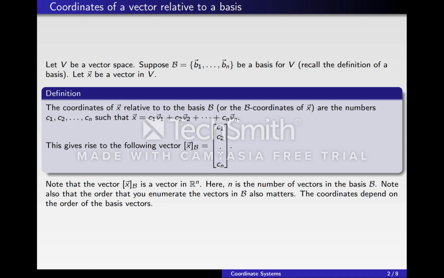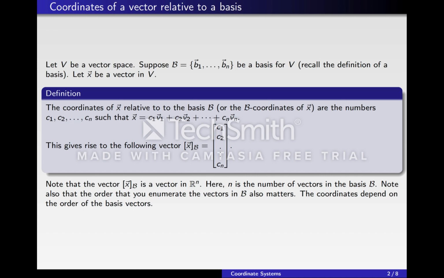And note that the order of the vectors in B, how you enumerate the vectors in the basis B, matters. Let's just say C is the basis b2, b1, b3, b4, dot, dot, up to bn. So nothing changes except for the first two vectors. They switch places.